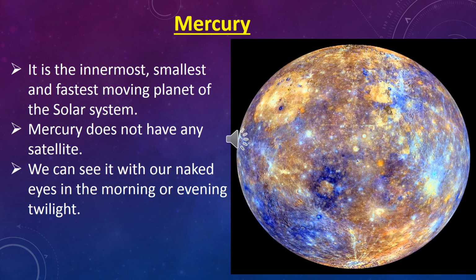It is very small in size, the smallest in comparison to other planets, and it moves very fast, the fastest in comparison to other planets. Mercury does not have any satellite. We can see it with our naked eyes in the morning or evening twilight. It is the smallest planet of the solar system.